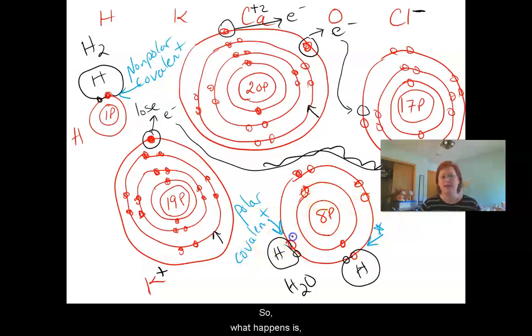So what happens is these electrons get hogged by the oxygen. And that results in some differences within the molecule so that my oxygen has a little bit more negative charge than positive charge because he's kind of hogging these negatives a little bit more. So my oxygen ends up being a little bit negative.